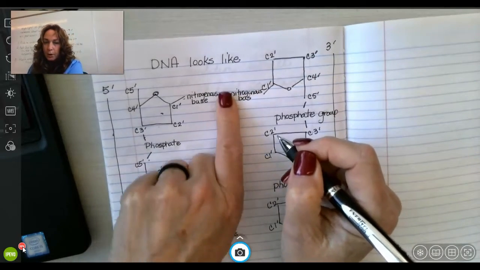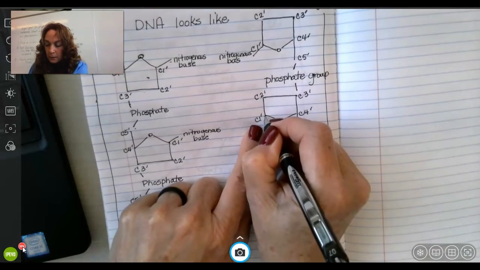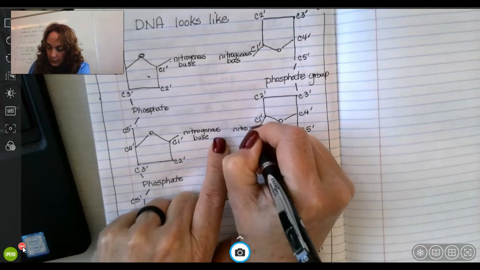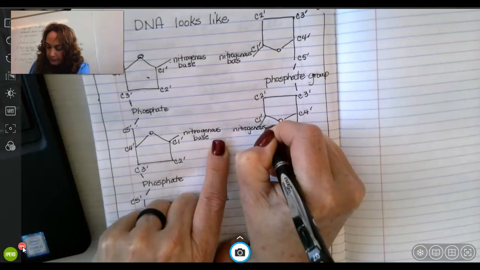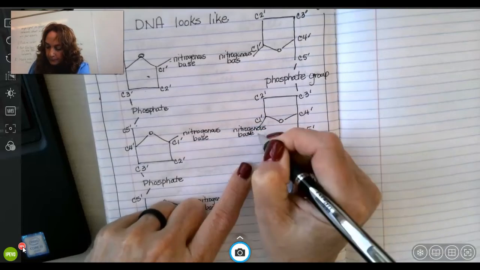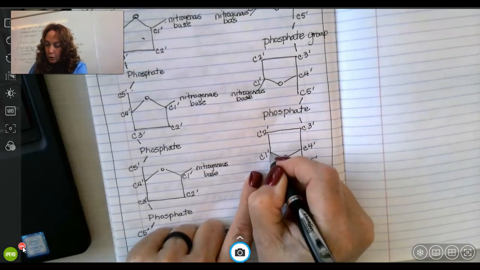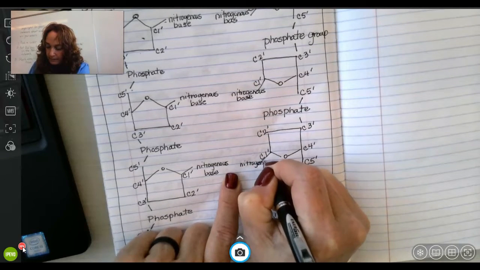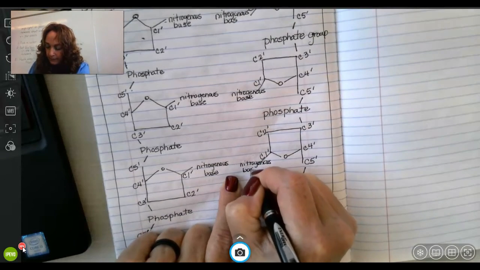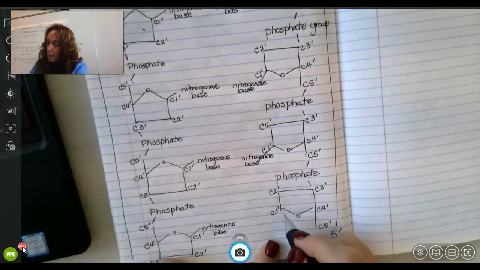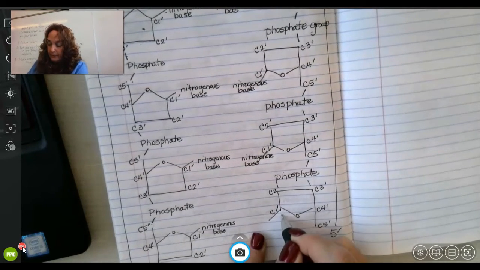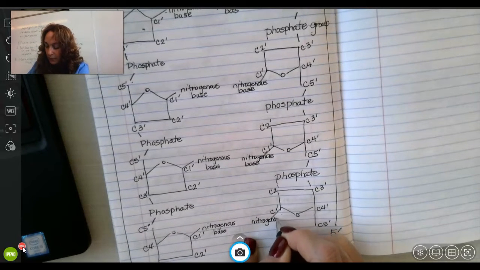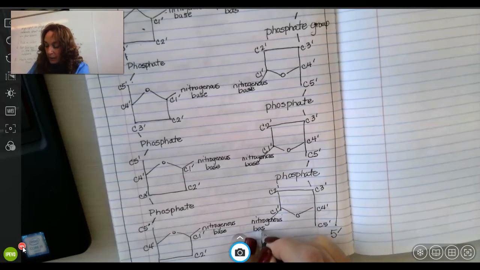We'll talk about this part here in the middle. Again, 1' carbon, covalent bond, nitrogenous base. The 1' carbon of the sugar, covalent bond, nitrogenous base. So much fun. 1' carbon, covalent bond, the last nitrogenous base. I'm so sad. That was so much fun.